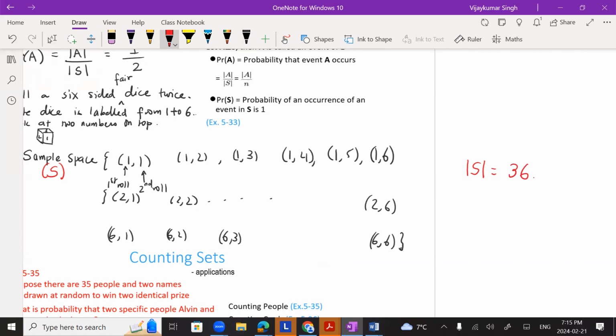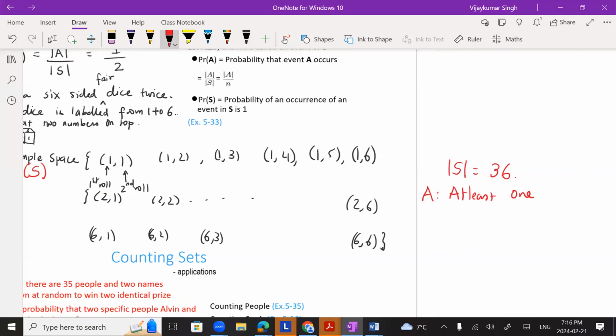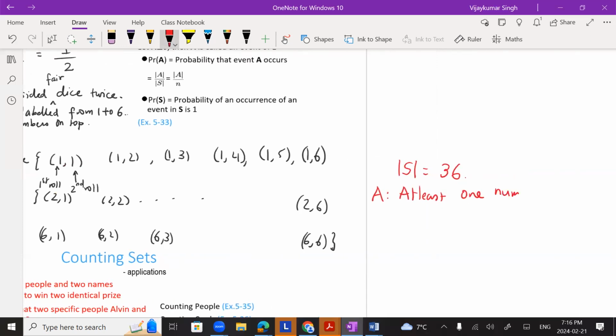Now we can ask questions about various different kinds of events. Okay, so first of all, let event A be the event that at least one of the numbers is 1.